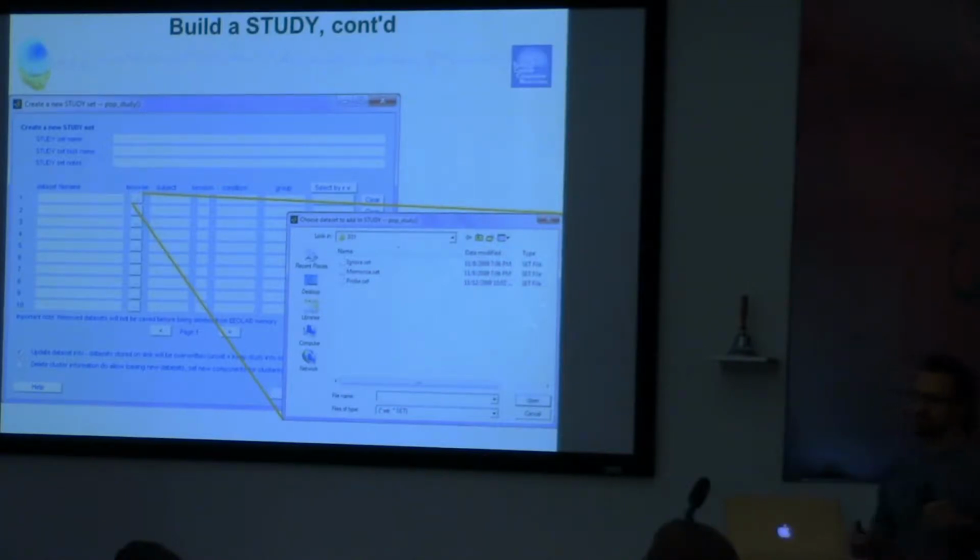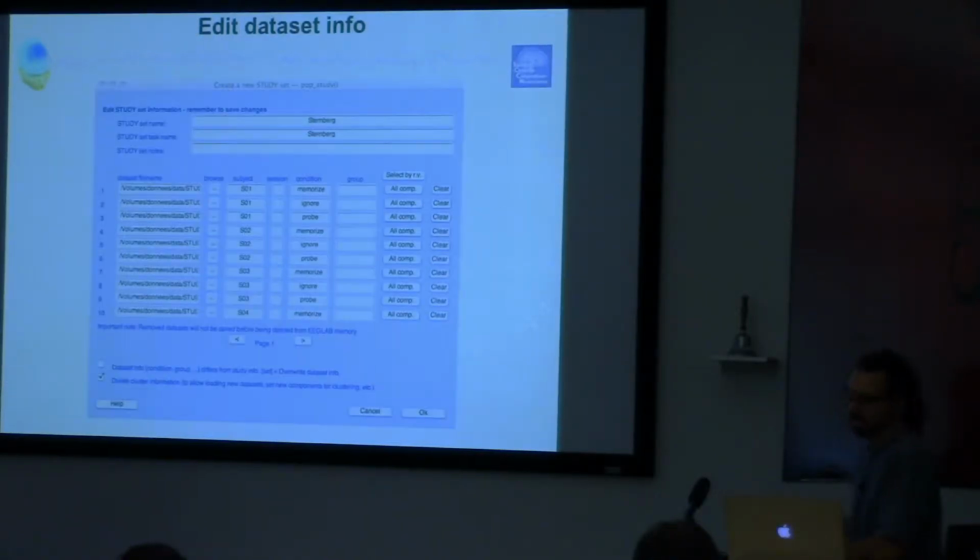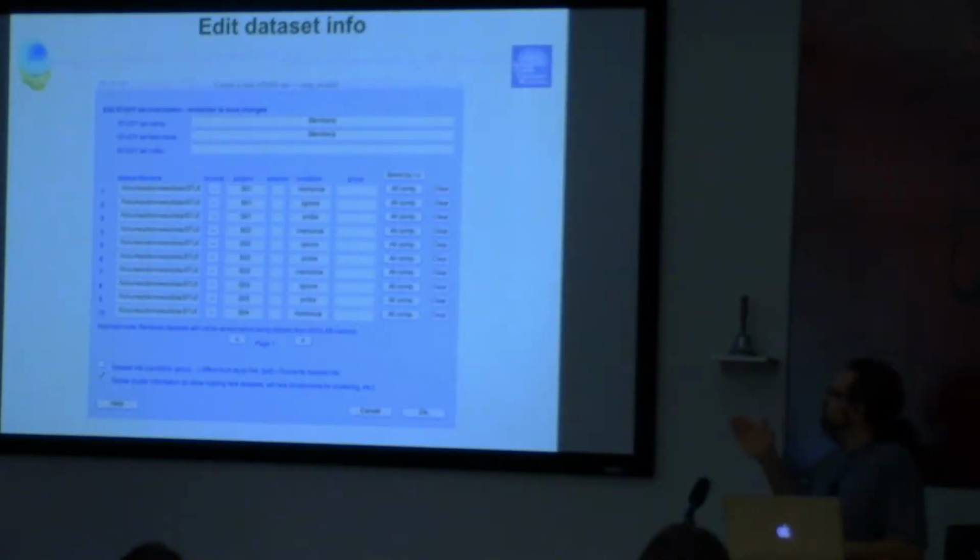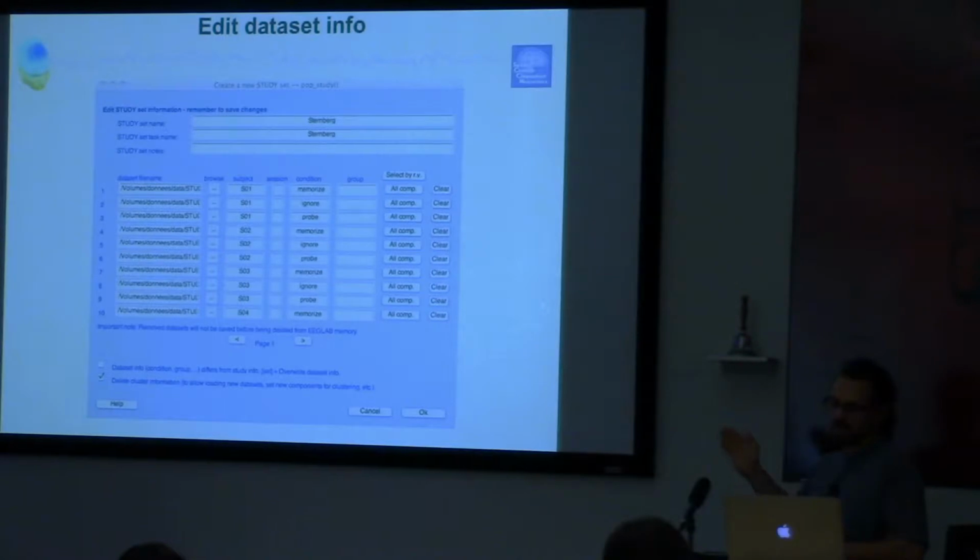If you've set up this information in each subject, as soon as you select one file, so for instance, you would select here ignore, it's going to populate automatically the line with the correct information. So it means here, if you have 13 subjects, you would have to select all these files and then you press OK.